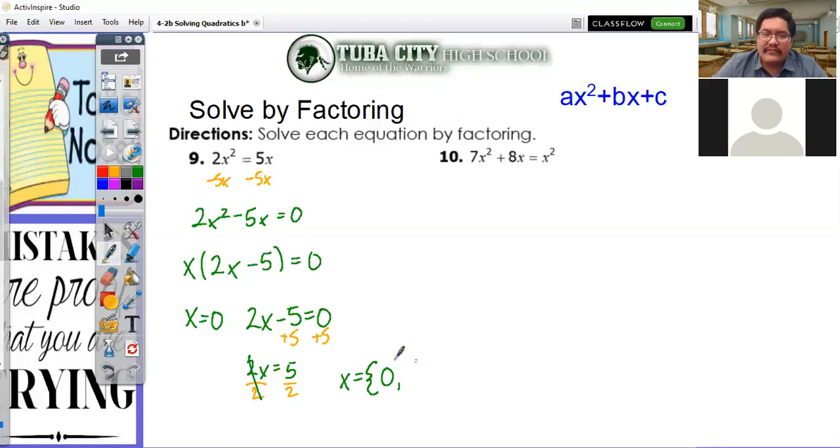And again, you can leave it as a fraction. You could leave it as 5 over 2. But in this case, I can easily divide it and get 2.5. If you don't know how to get mixed numbers, go ahead and just leave it as 5 over 2. But basically, you're just asking yourself, how many times can 2 go into 5? Well, 2 times. That's your whole number.